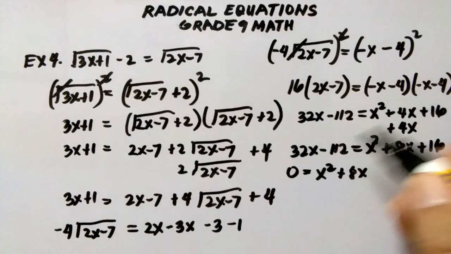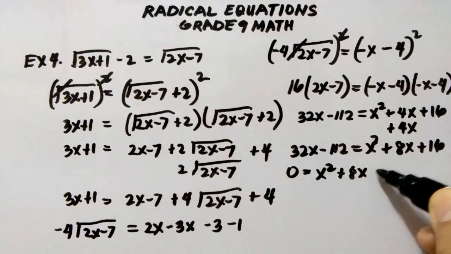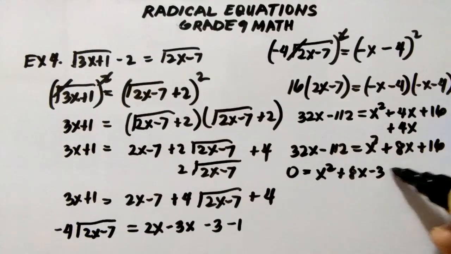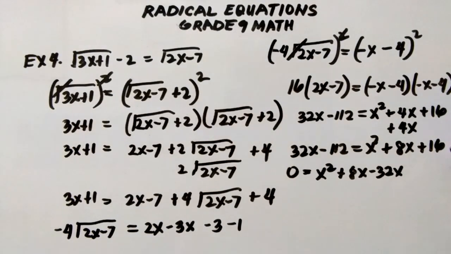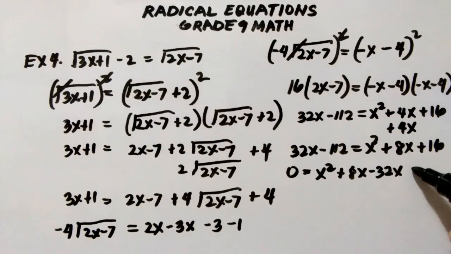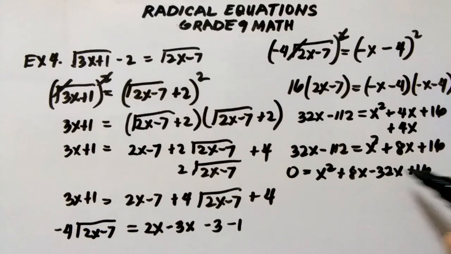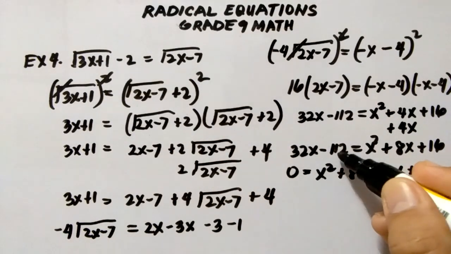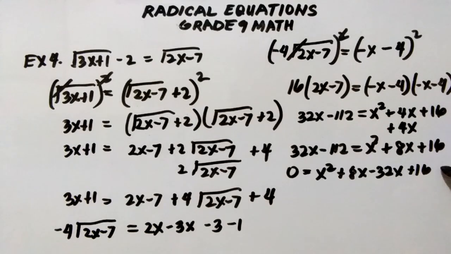So, positive 32x becomes negative 32x. Then, we have positive 16. Then, transpose negative 112 to the right side. So, negative 112 becomes positive 112.